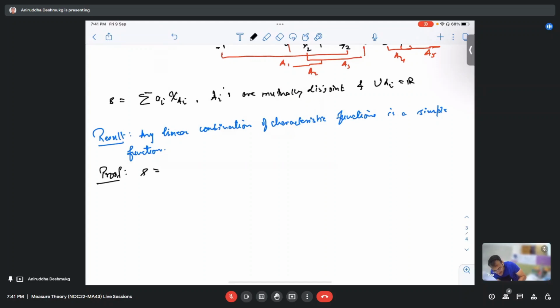Suppose I write it like this: S is summation a_i chi of A_i. Of course, the A_i's are not necessarily mutually disjoint, and the union of A_i may not be equal to X.